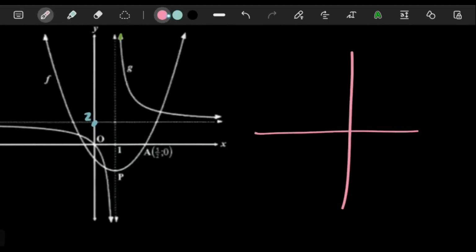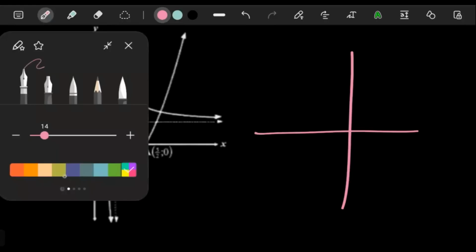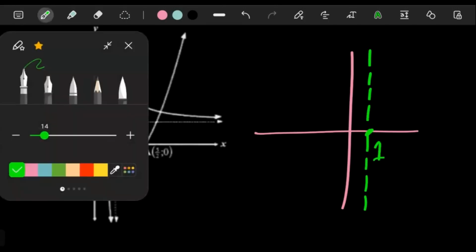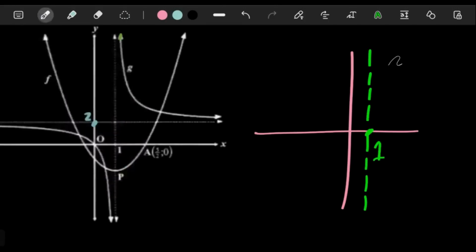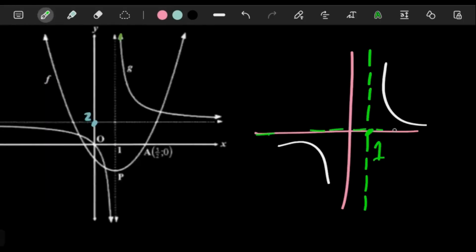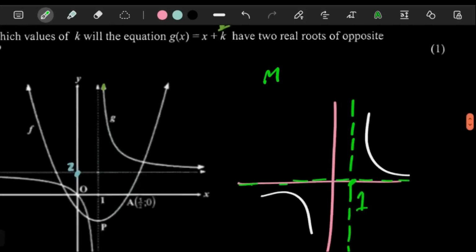You'd have your Cartesian plane here. Your vertical asymptote would stay exactly the same, still at 1 here. If you have moved it exactly 2 units downwards, your graph would visually look like this. You'd have your curve over here and your curve over there. It wouldn't have any x-intercepts because the asymptote would be here at 0. This is if it was just moved 2 units down.